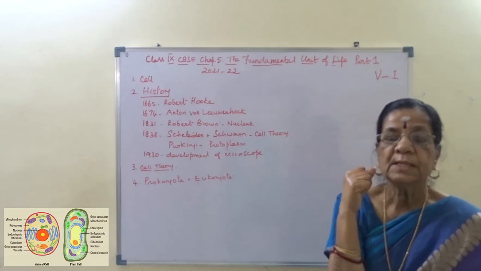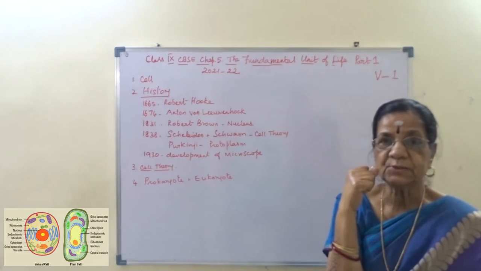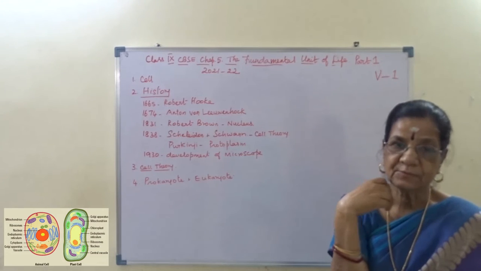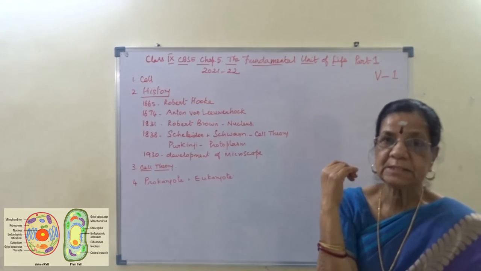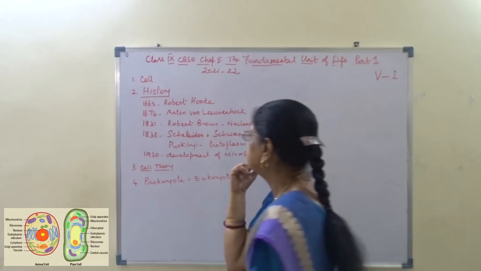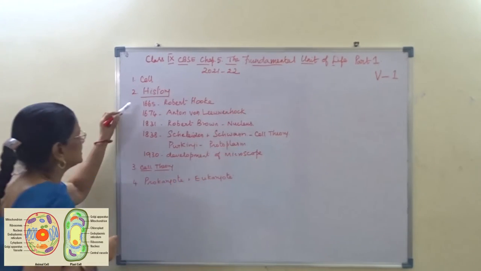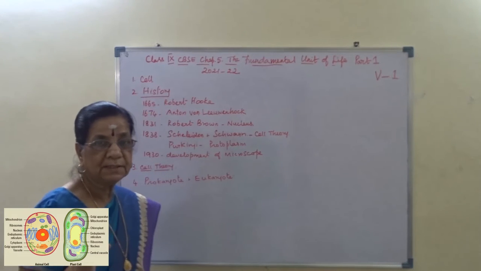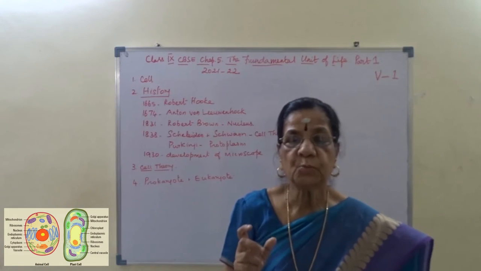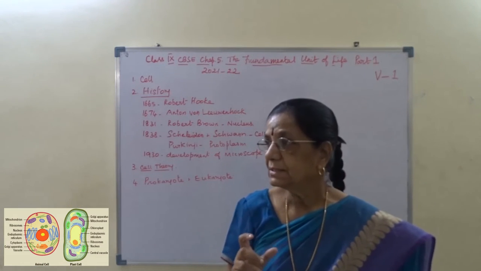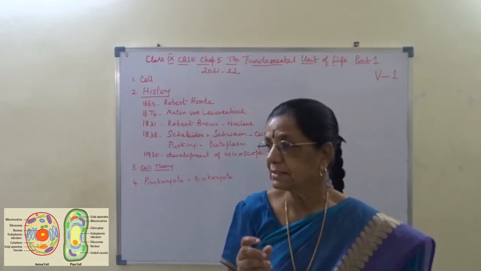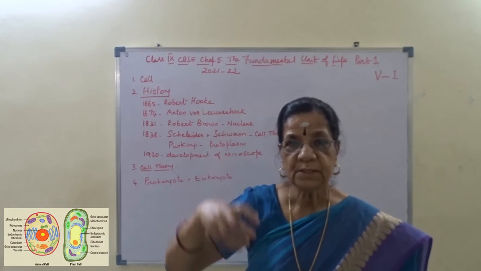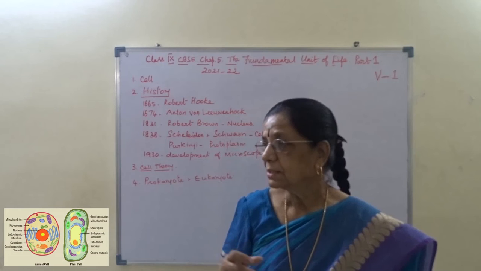Now, how do we know cell is the structural and functional unit? We go back to the history of the cell. In the year 1665, Robert Hooke identified some honeycomb-like structure in the cork cell. Cork is a light piece, like cotton, that we talk about, and that is the cork cell.